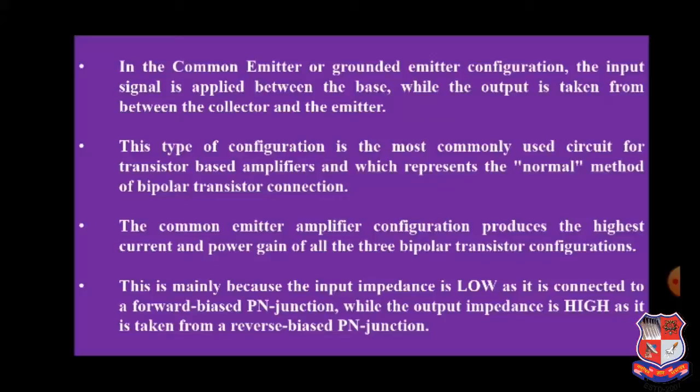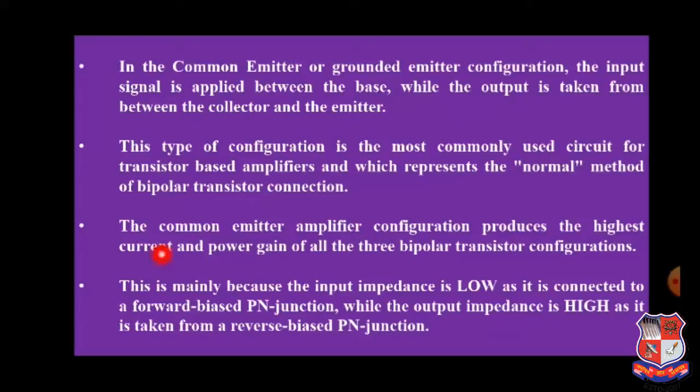still you can utilize the same terminal for your output purpose, and hence this type of configuration is the most commonly used circuit for transistor based amplifiers, which you may have utilized in your music system, and which represents the normal method of bipolar transistor connection.